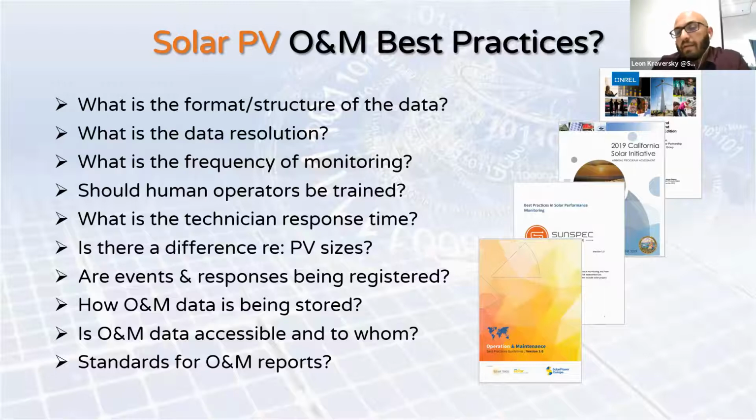Meaning a person or a company buying O&M services in one place will know what they're buying, and there will not be a different way of operation and a different kind of contract everywhere in the world. And another thing we also have to take into consideration is the costs. I will show you some examples of what we're talking about.